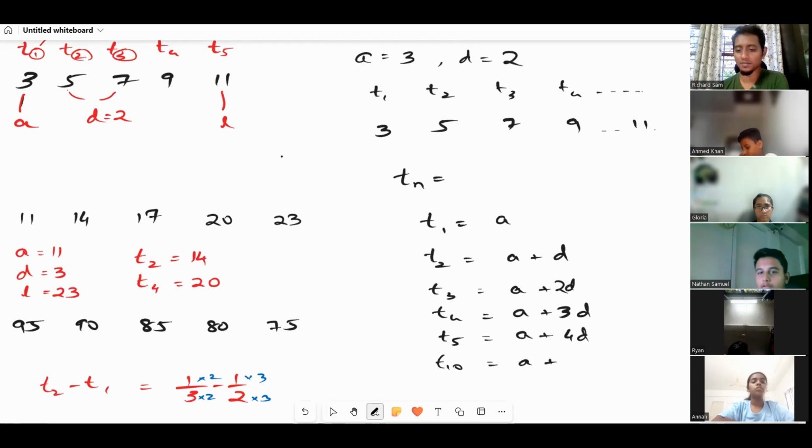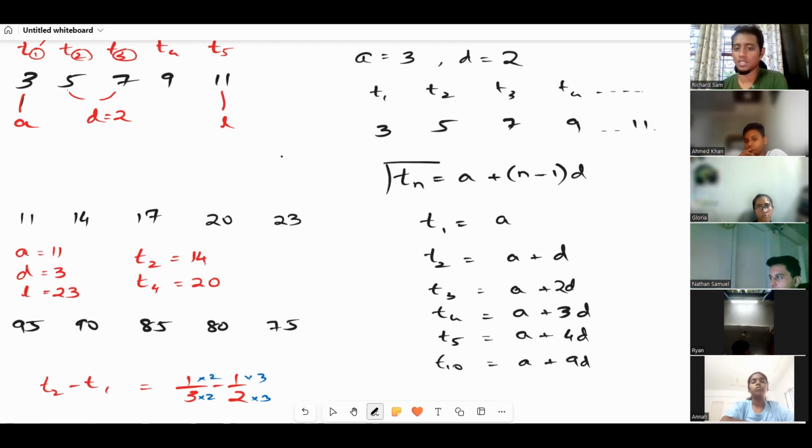Did you all understand? Okay. So if you make an equation out of it, Tn would be A plus, if you're finding the 10th term, you need the 9. That means n minus 1 into d. Right? If you want to find the nth term, you need to do A plus n minus 1 into d.